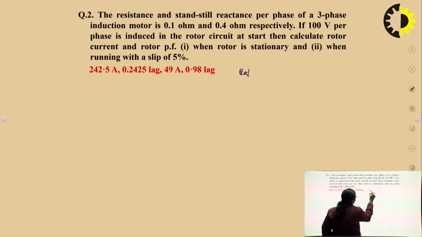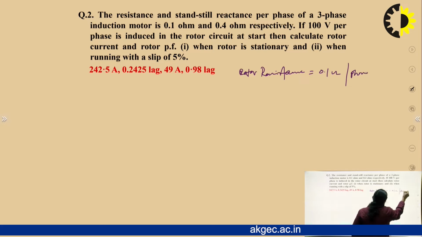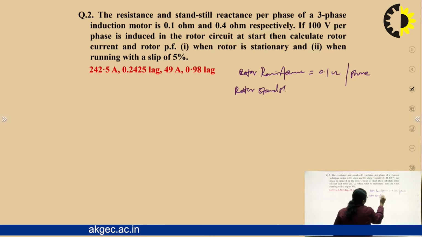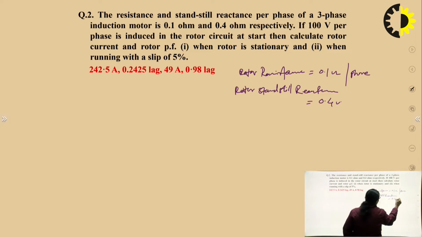So rotor resistance equals 0.1 ohm per phase and rotor standstill reactance is given as 0.4 ohm per phase, right?